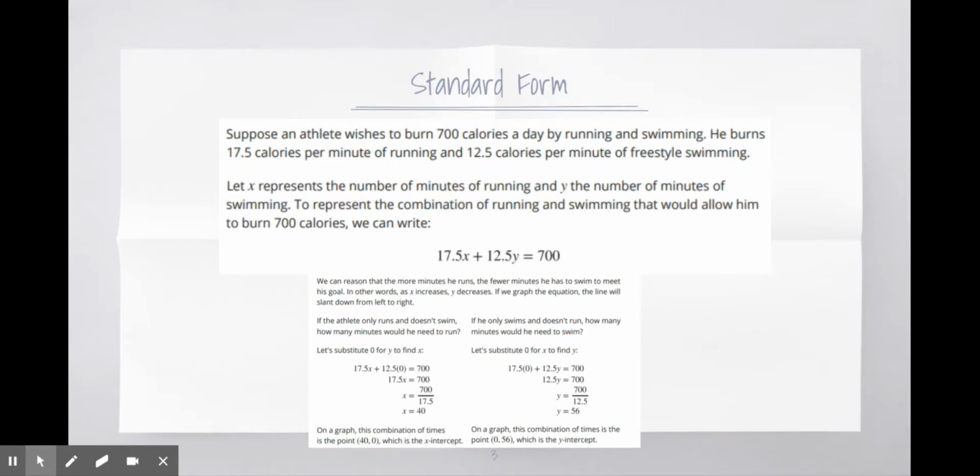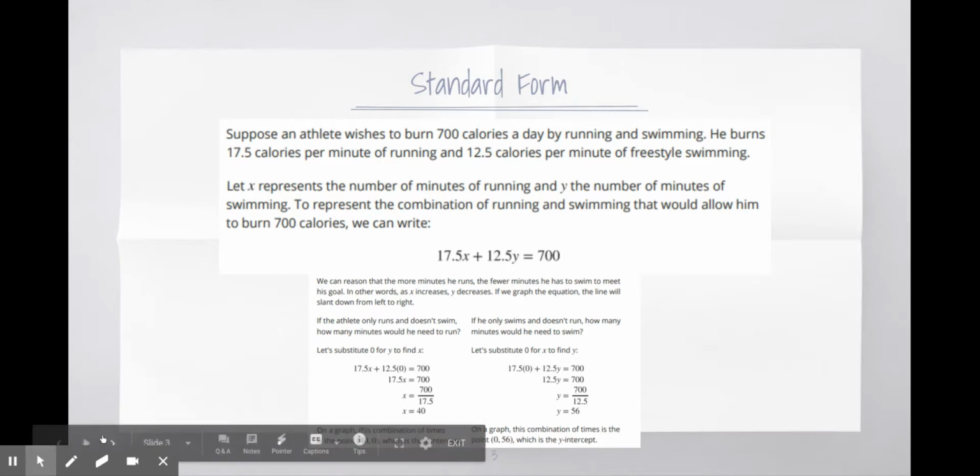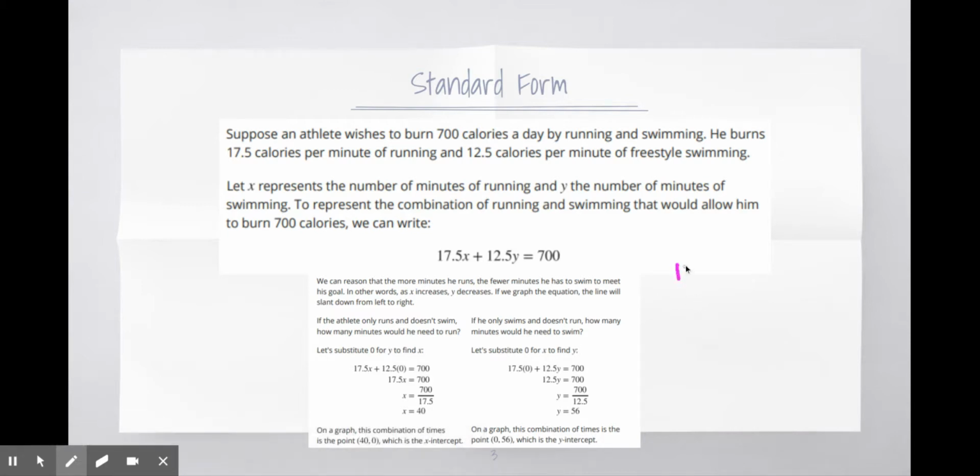The other thing that we might want to do is if we know a given value of X. So for example, he ran for 15 minutes or 20 or 30, then we might want to know, well, what would Y be in that case? And so let's practice rearranging this equation to solve for Y. So I'm just going to rewrite my equation.